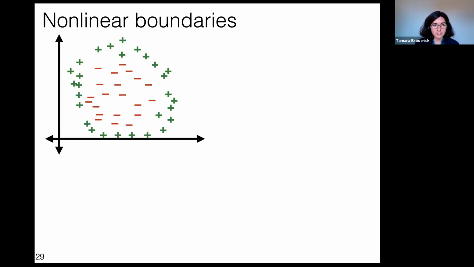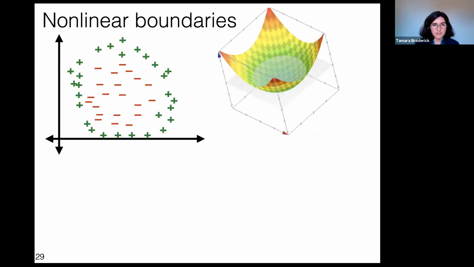So again, if I use this quadratic function, which I could get by using all of the polynomials up to degree 2, then I could classify all of the area where my function is less than 0 as being -1, and all of the area where my function is greater than 0 as being 1.